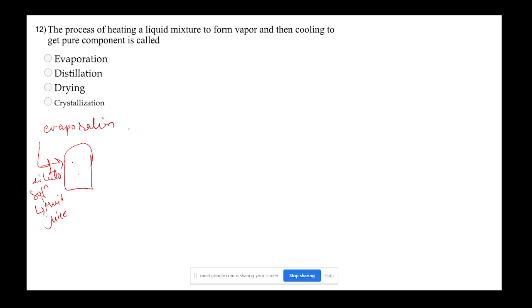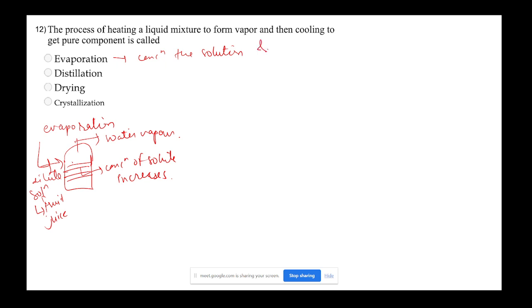Then a certain amount of water present in that solution is converted into vapor and recovered, and what is left is the concentration of solute increases. So this is the aim that you want to achieve in evaporation, which is to concentrate the solution and increase the solute concentration.